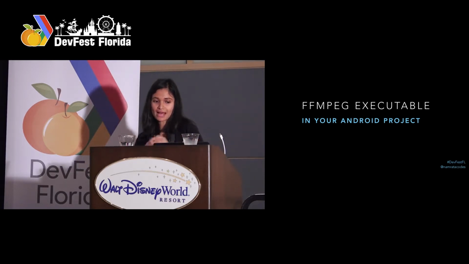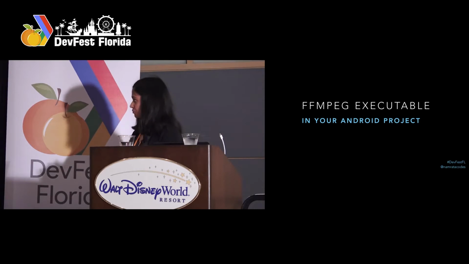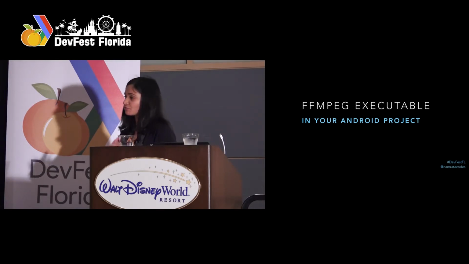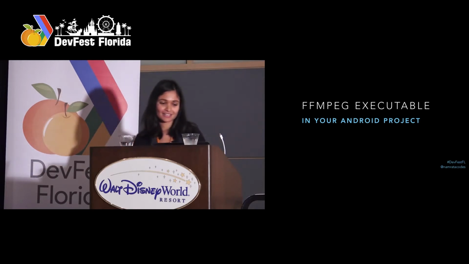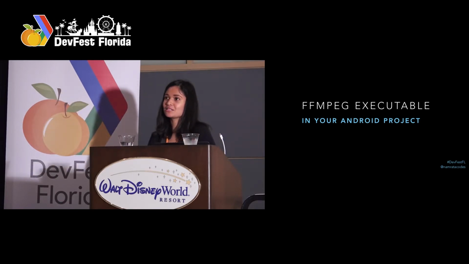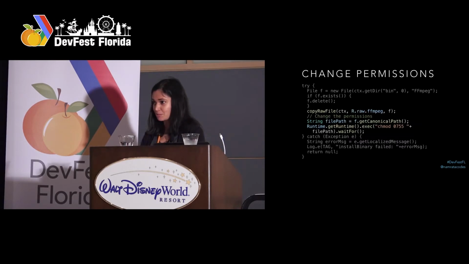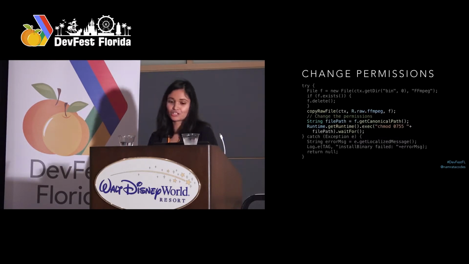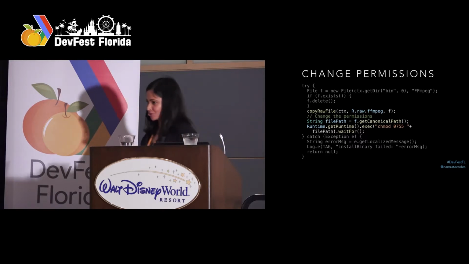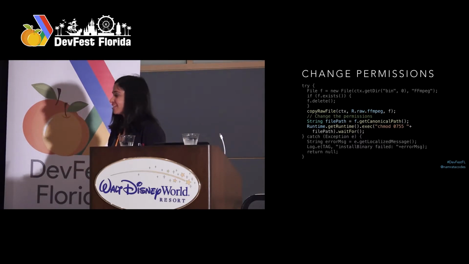So once you have the executable file, you would place this file into the raw folder of your Android project. And now you need to be able to access or run this file in a separate shell process in your app. So you need to change permissions to run this.